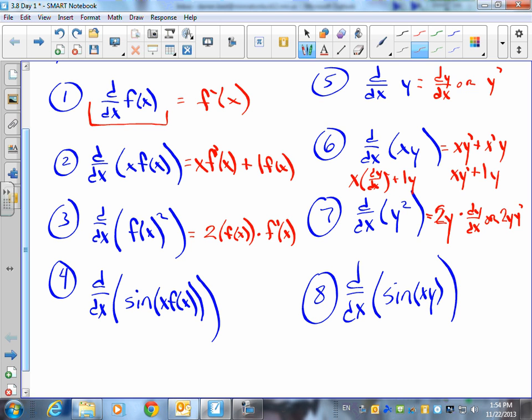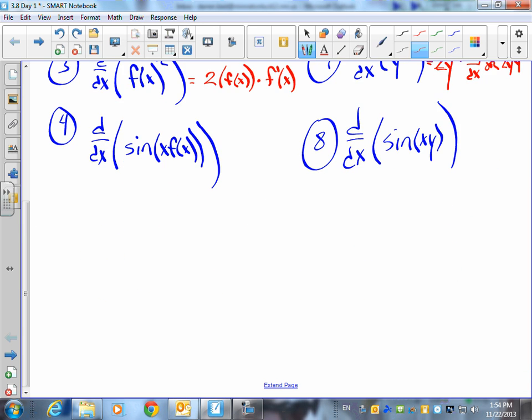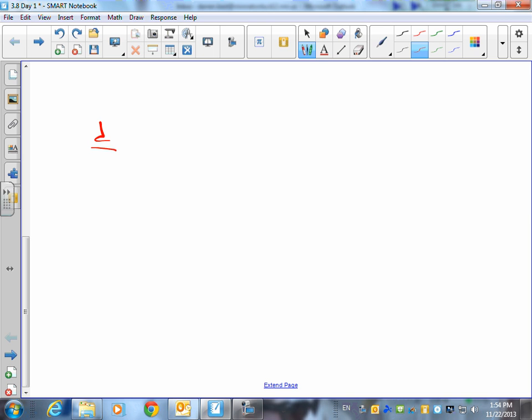Question? Okay, the question is, I thought dy dx was the same as d dx. As simply as possible, d dx is a command, and it's an operator.